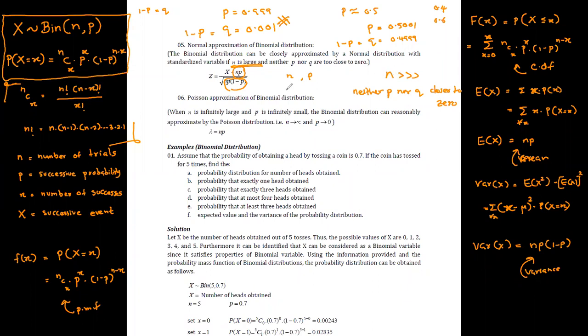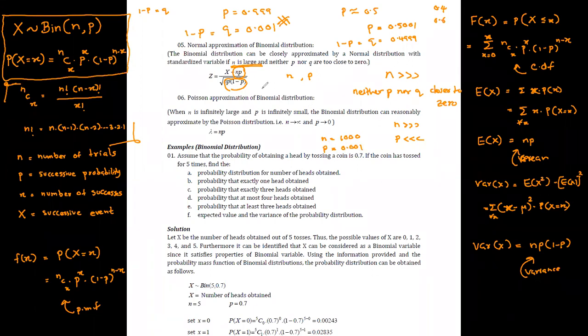And there is another approximation technique we are considering. It is the Poisson approximation of the binomial distribution. Here we are considering that if we have a large number of n, suppose that n is a very large number and p is supposed to be a very small number. It is infinitely small. It means that p is a value very close to zero, so the success probability is very low. Suppose n is equal to 1000 and p is a very small value, 0.001.